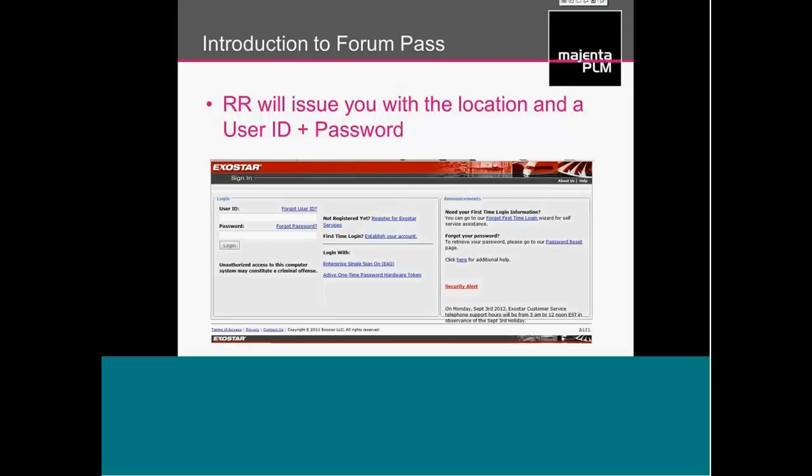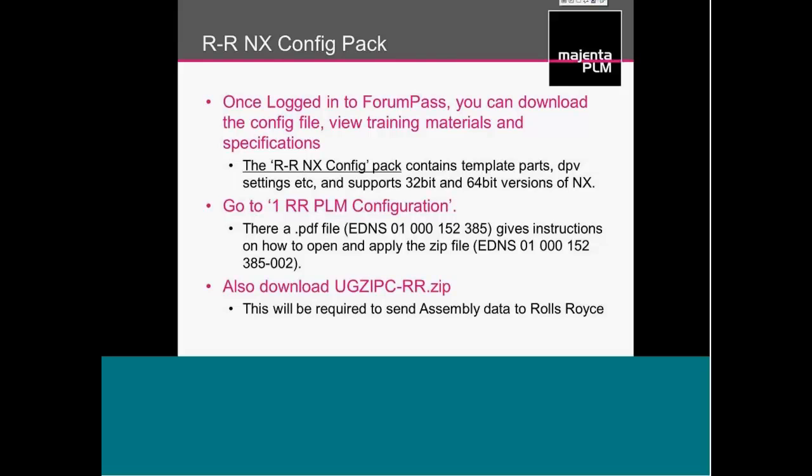A number of these files are going to be for the NX configuration pack. So if you go rooting around within ForumPass, you will find that there is this R&R NX configuration pack, and it contains all the template parts, the DPV settings, symbols, and a whole plethora of other items which are required.